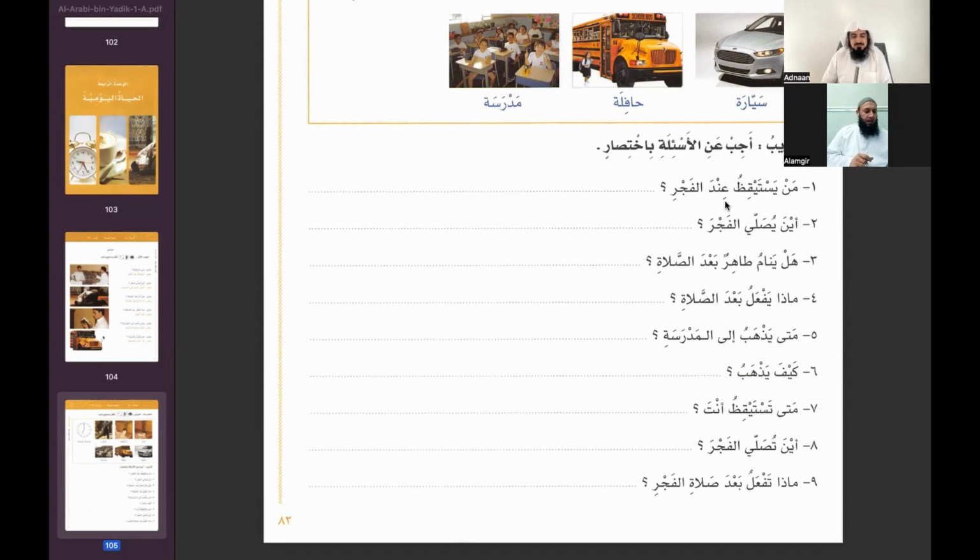So أستيقظ عند الفجر. أحسنت. وأين تصلي الفجر؟ أصلي الفجر في المسجد. ماذا تفعل بعد صلاة الفجر؟ أنا يقرأ القرآن.